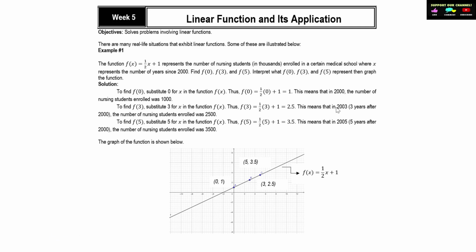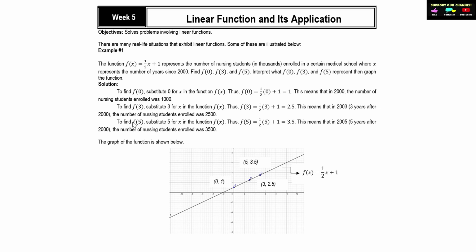This means that in 2003, 3 years after 2000, since our x now is 3. So we're now in year 2003. So the number of nursing students enrolled was 2,500. Since our value is 2.5 times 1,000, so that is 2,500.